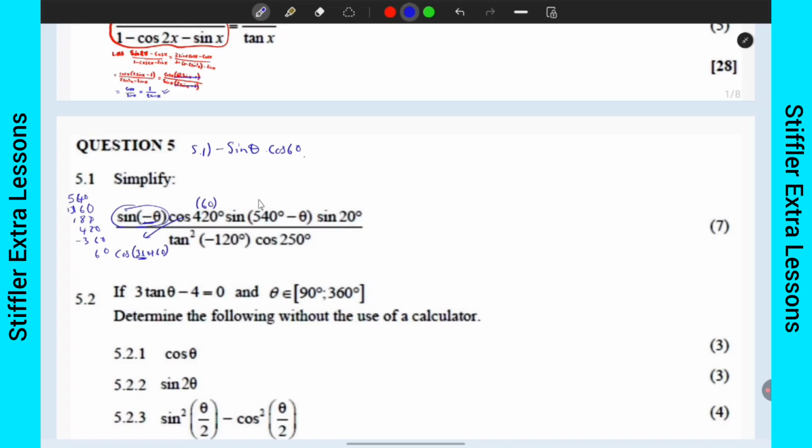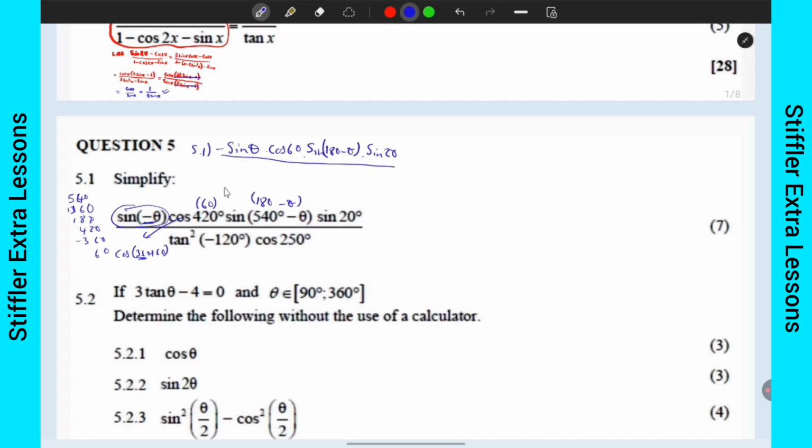So this becomes sine of 180 minus theta after subtracting 360 from 540, if I'm not mistaken. So we are doing it ratio by ratio. Over sine 20, we cannot reduce sine 20 further, so we can just write it like that for now.